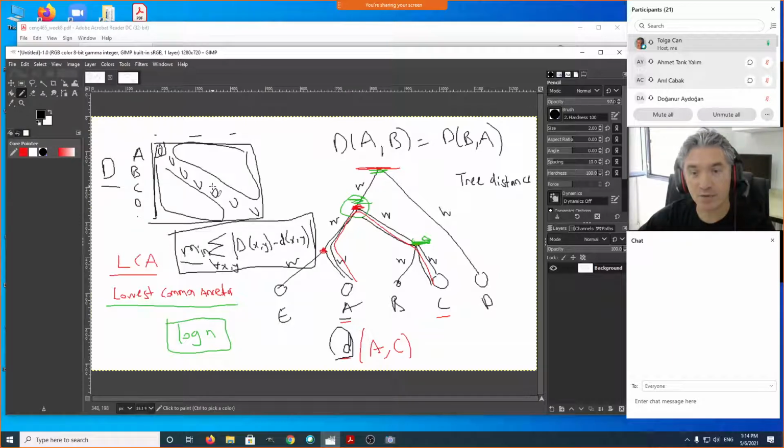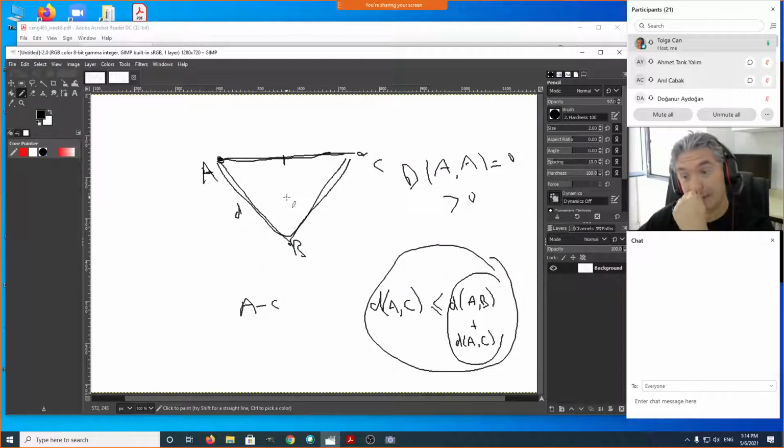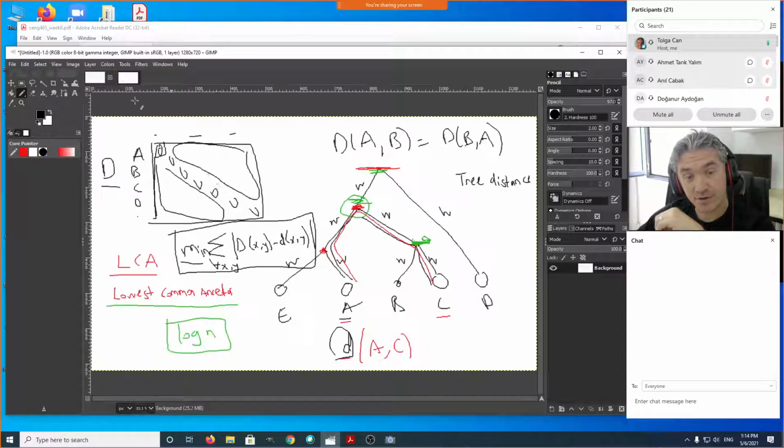It's always possible to come up with a tree, because tree distances, the distances on the trees, when we have positive edge weights like this, tree distances are like distances on a map. Therefore, tree distances, this lowercase d itself, always satisfy the triangular inequality.